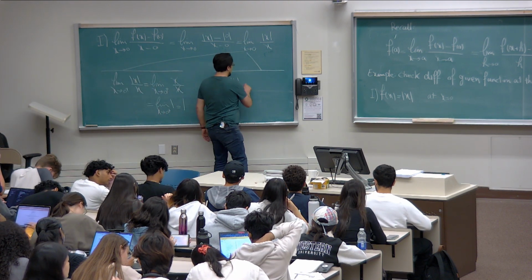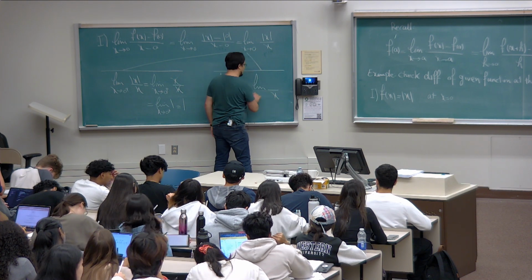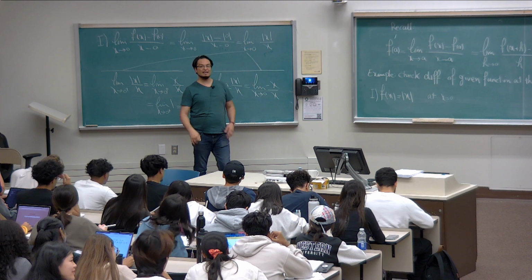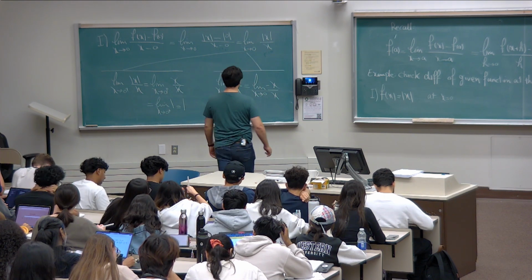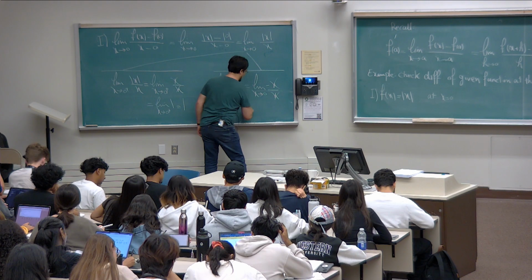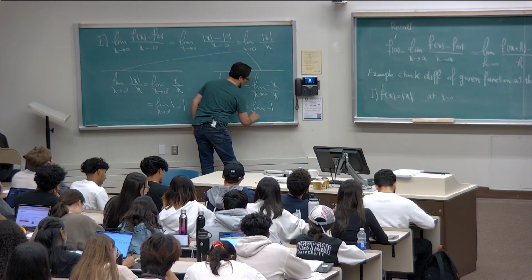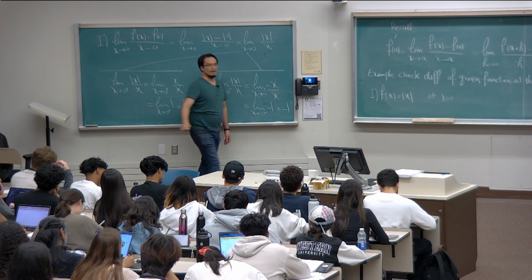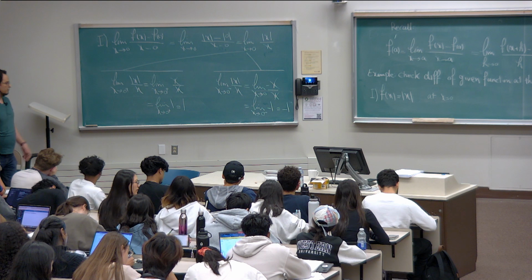Here, for a negative x, the absolute value of a negative number is, I have to multiply by another negative sign to make it positive. And, well, the same story goes here. The only difference is that this time when I cancel, I get negative 1. Yes, and limit of negative 1.